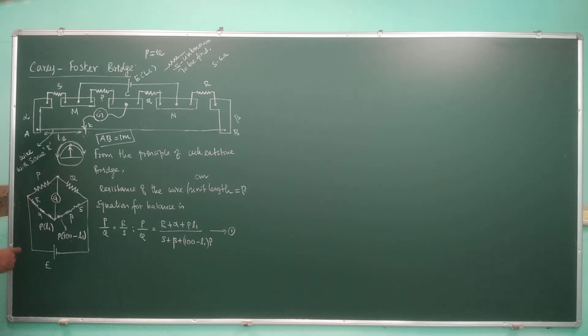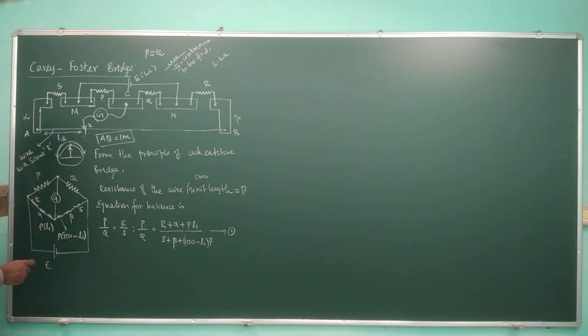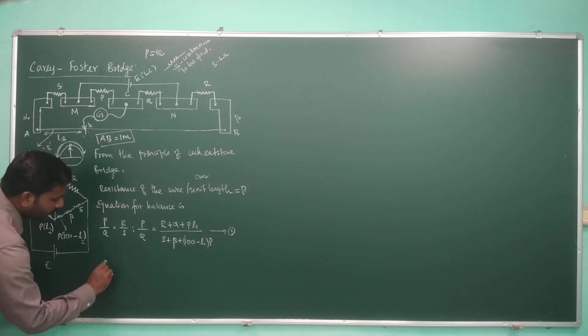In that case, for case 2, where we have interchanged the known resistance and unknown resistance, again we can apply the principles of the Wheatstone bridge. Here this will be L2, here also this will be L2.